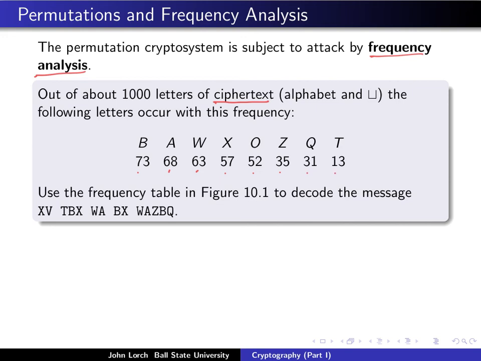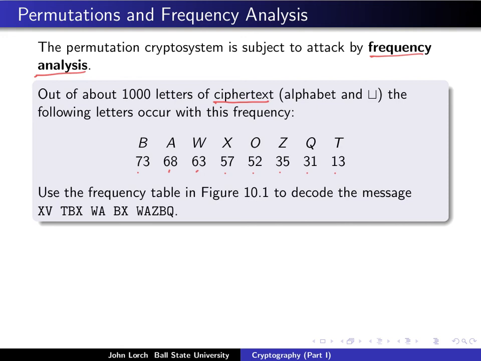Then, what if she knows that the cryptosystem is one of these permutation cryptosystems, which is our assumption about the attacker Eve, right? That she knows what the cryptosystem is, but doesn't know the key. What she can do is look at frequency tables for the English language to help figure out what the key is, or what the ciphertext messages are.